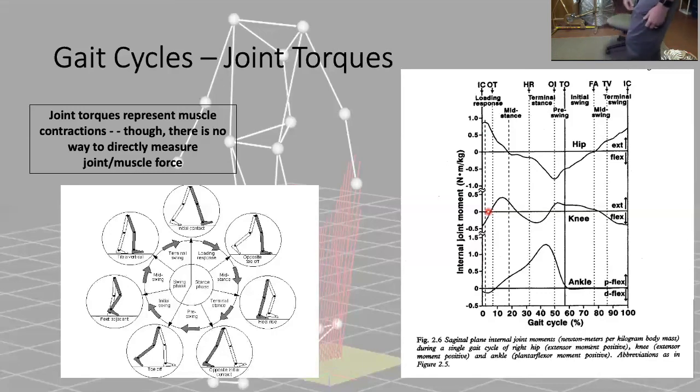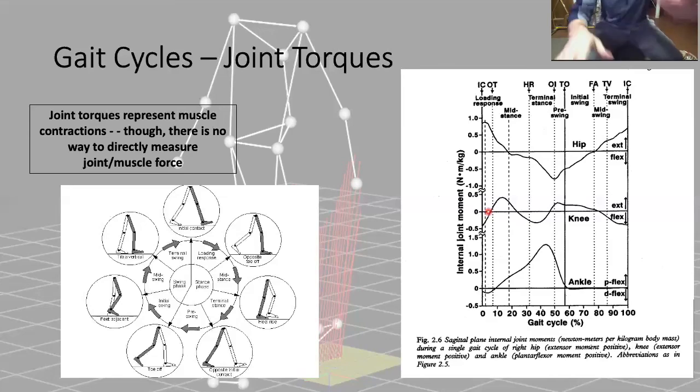Because my quadriceps are really in charge of extension, and when I start to fall forward a little bit, my quadriceps start to contract to make sure that my knee doesn't fall forward, and my hamstrings also contract to make sure that my knee flexes enough to absorb the impact.